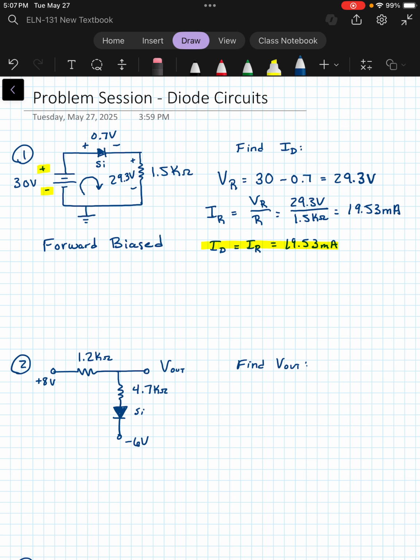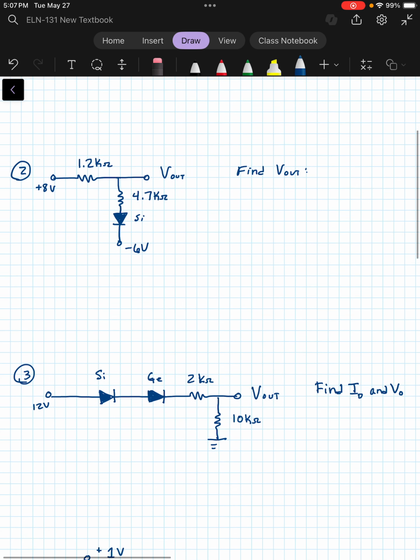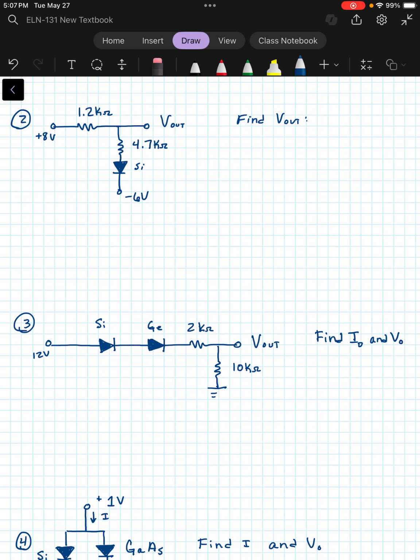Okay, so let's look at our second problem here. We're looking this time for V out. Again, we have a silicon diode, and so we know that if it's forward biased, we need to have a drop of 0.7 of a volt across it.